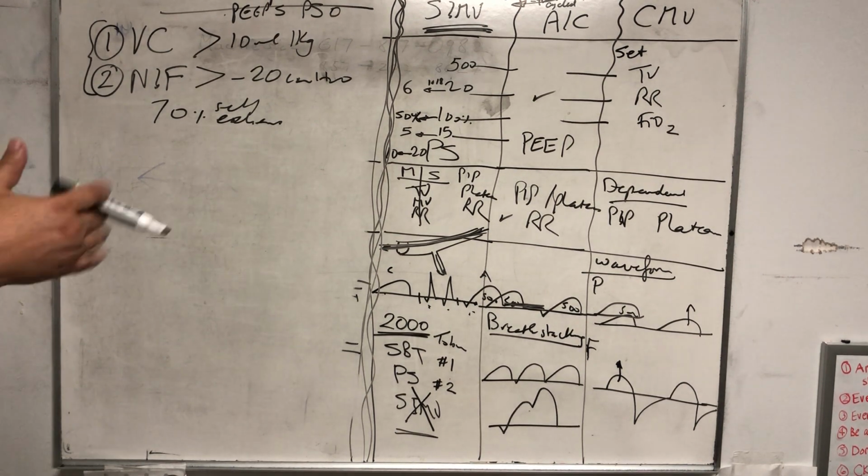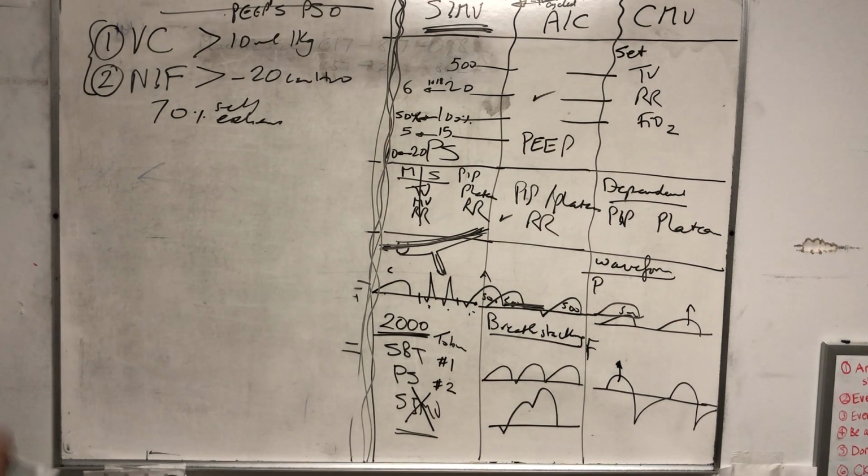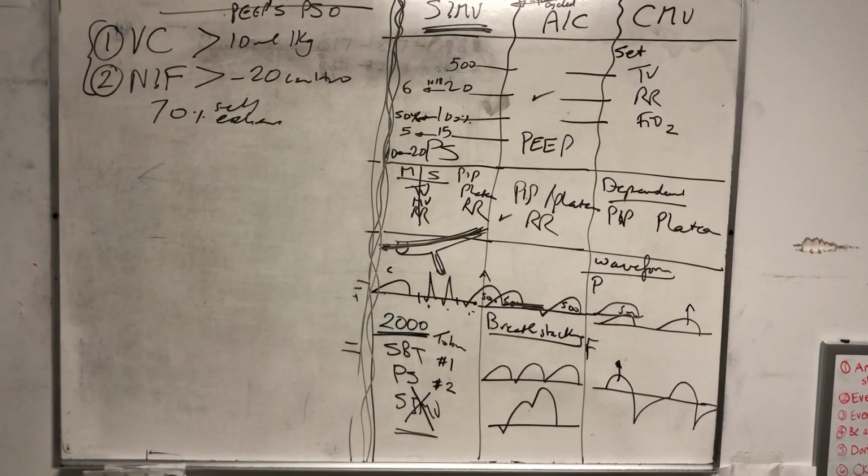A 70-pound resident passes by and tells me, take the deepest breath you can, and I'm going to do it? No, I'm not going to breathe. I'm just going to do the opposite of what she's saying. The point I want to make is that this is patient effort dependent. We don't want patient effort dependent.